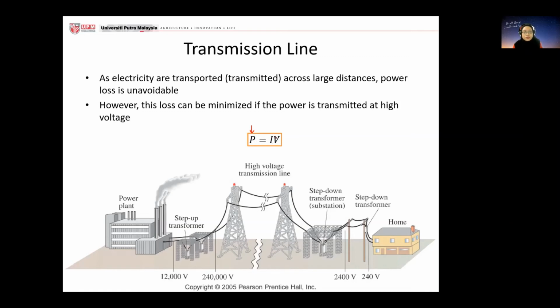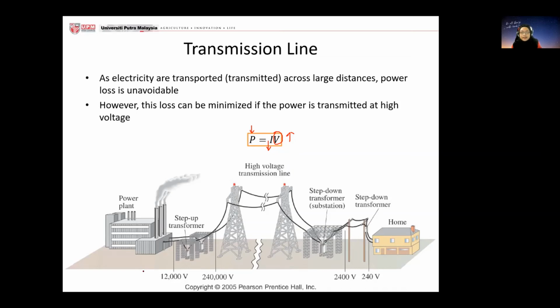However, if you transmit it at a high voltage, automatically the current is lowered. So how do we increase or reduce the voltage?